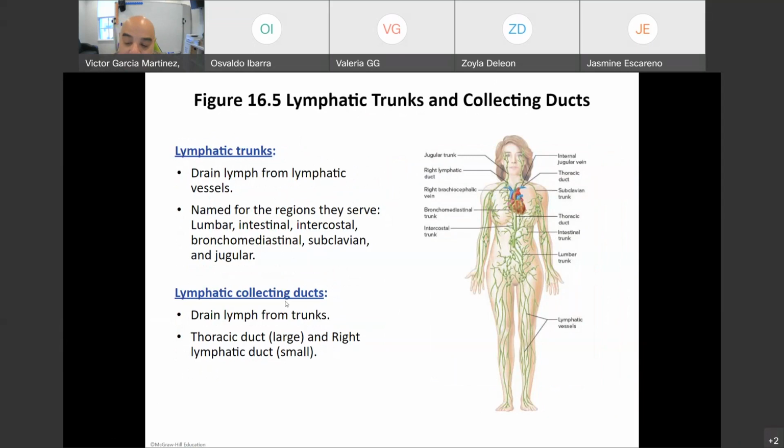Then if you have an infection, for example in your toes, you're going to have these lymph nodes working a lot. If you have an infection maybe in a finger, you're going to have these lymph nodes working a lot.